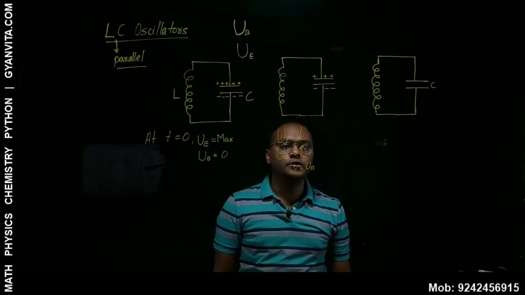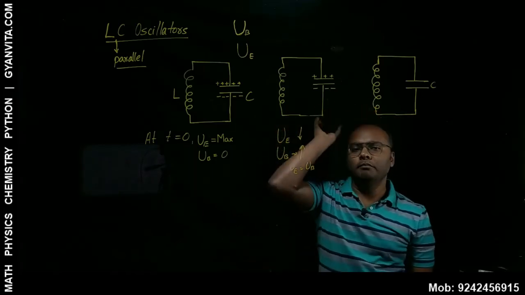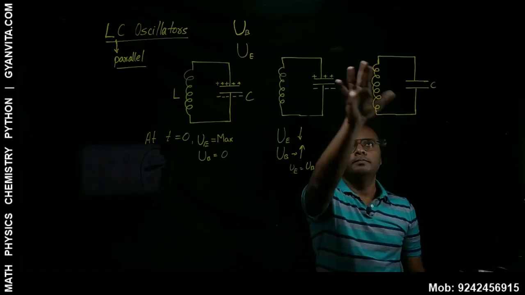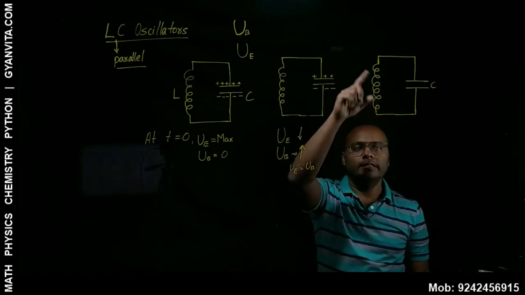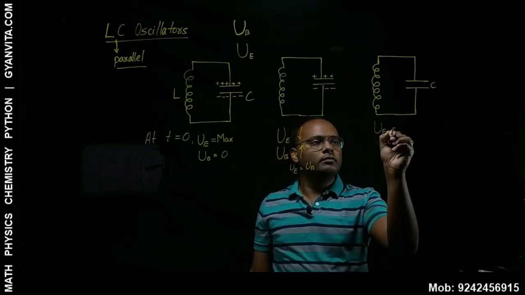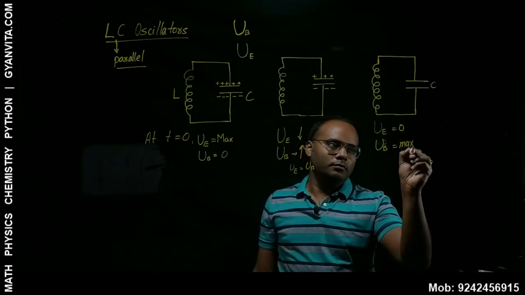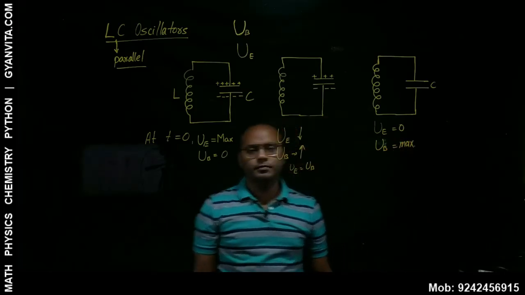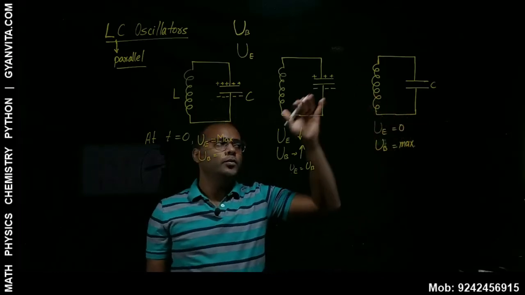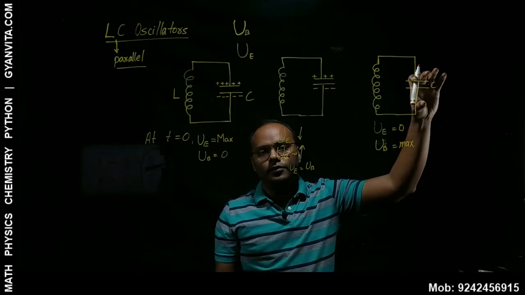So that means in this case, there will be maximum current in this circuit, and that's why there will be maximum magnetic energy. So maximum magnetic energy, and obviously least or zero electrostatic energy.